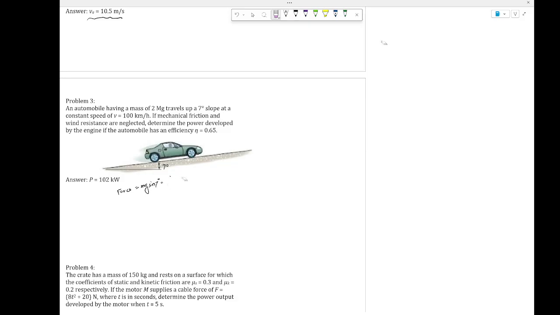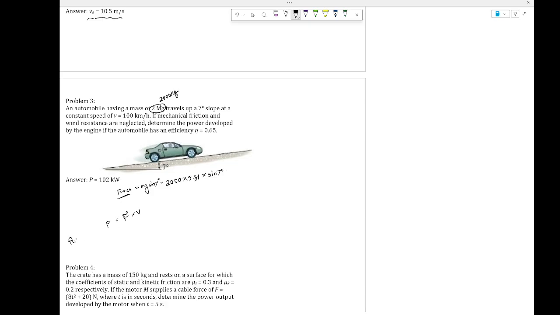In other words, this m is 2000, so 2 megagrams means 2000 kg. g is 9.81, and sine 7. Okay, so that's your force. Then you have the slope of 7 degrees, and the power equals force multiplied by velocity.